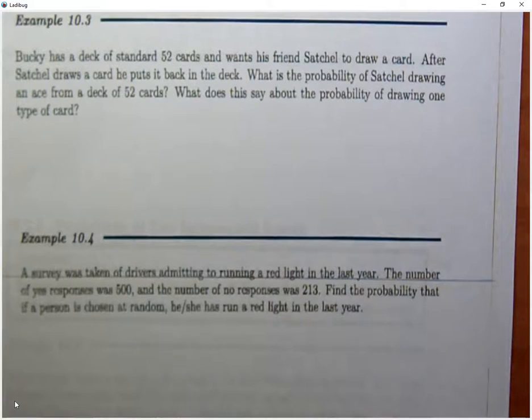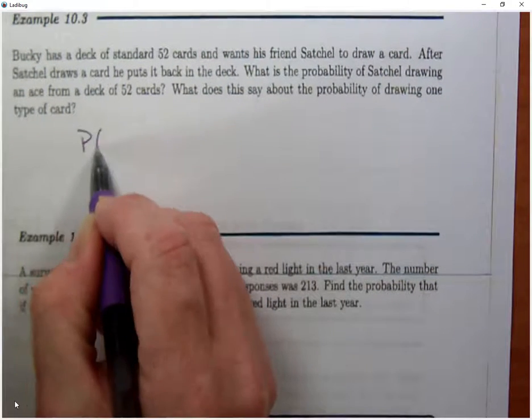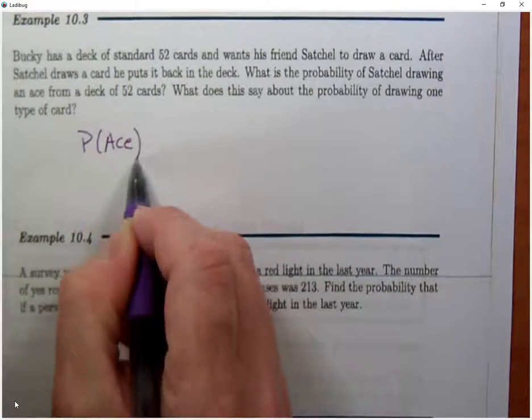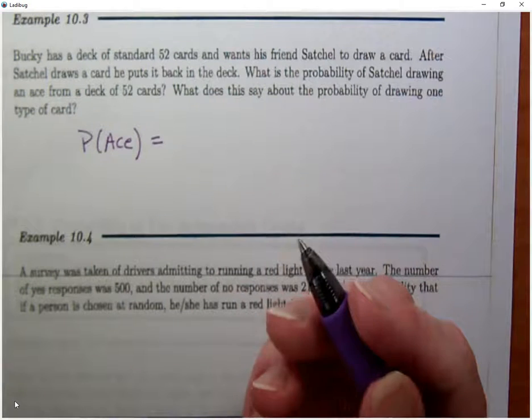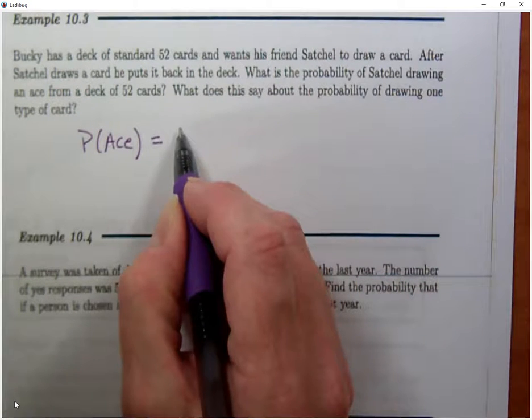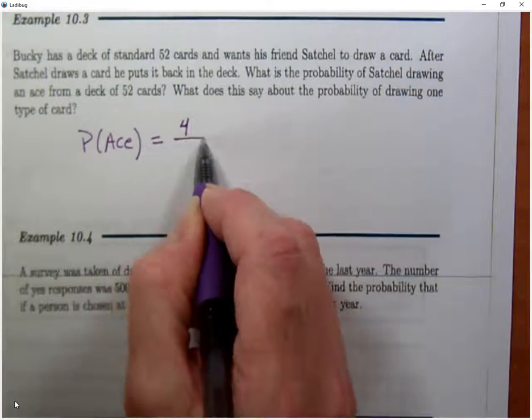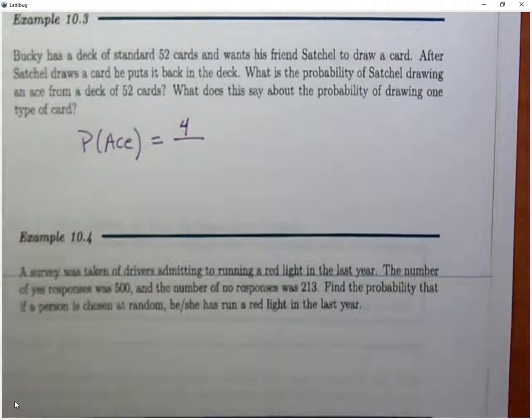So we would have probability of an ace. And if we hadn't just been using the formula, you should write it out. But for this one, we know there's 4 aces, number of the event, over total possible cards in a deck.